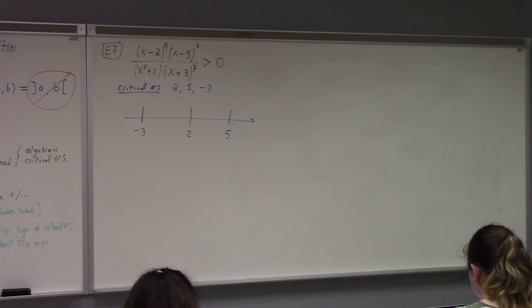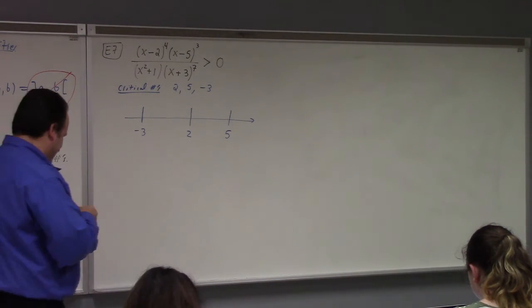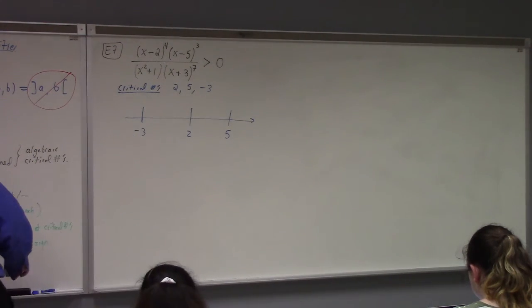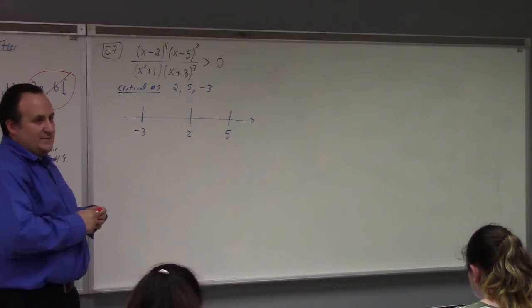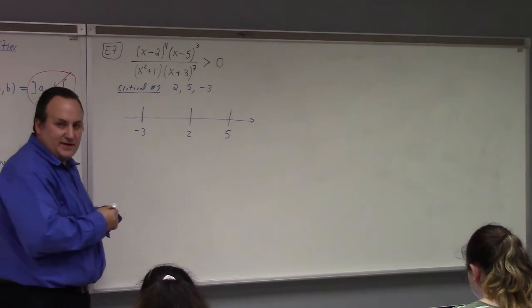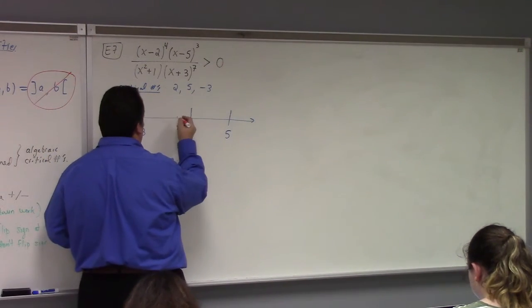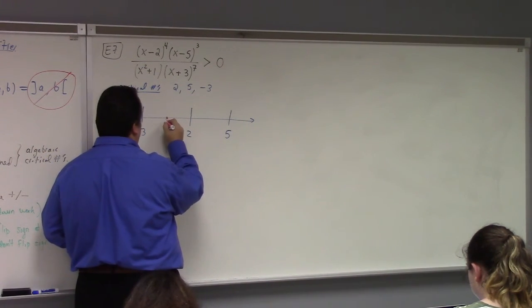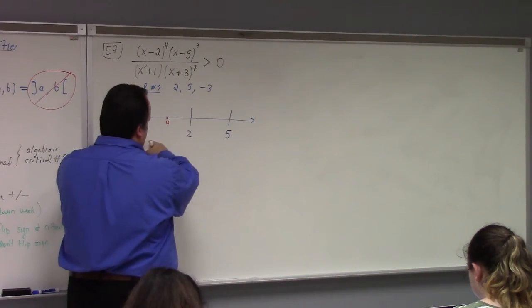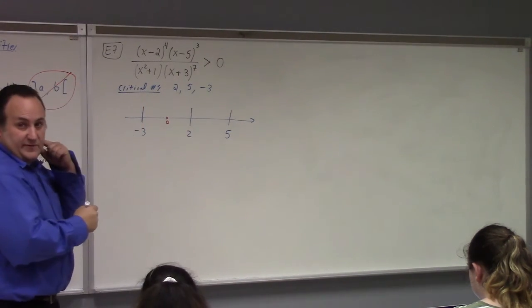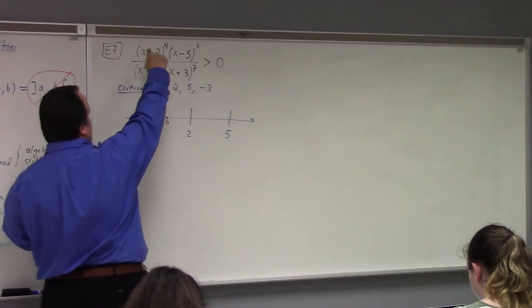Now, here's the trick. You test one point. What's an easy point to test? I always test 0. 0 is easy to plug into an expression like this. So 0 is here, right? This case is where 0 is between minus 3 and 2. Plug in 0 up here, what do you get?